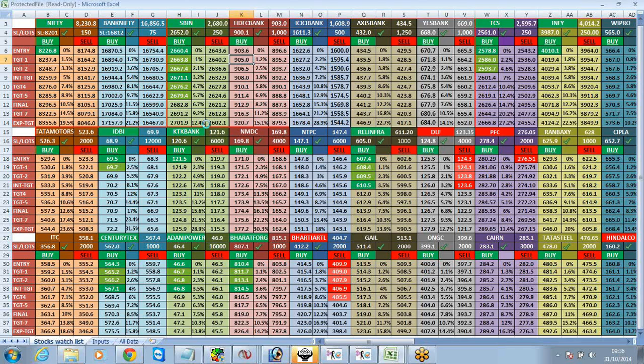The other advantage, what I would suggest you, is in case the market is moving in the positive direction, don't take the sell side calls. Century Textiles has done its intermediate target 567.